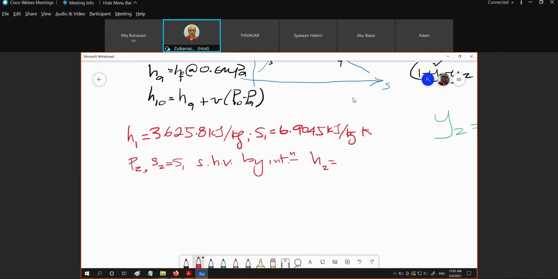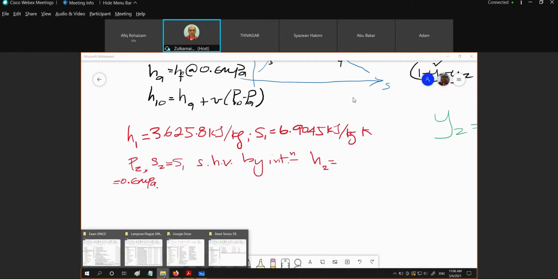Based on P2, your P2 is equal to 0.6 megapascal. Guys, please follow me and do it. If you don't do it, what do you get? Just copying is not acceptable. Please do it.